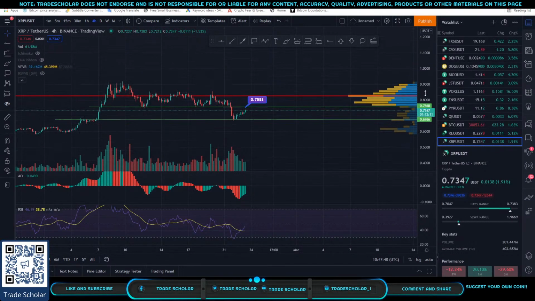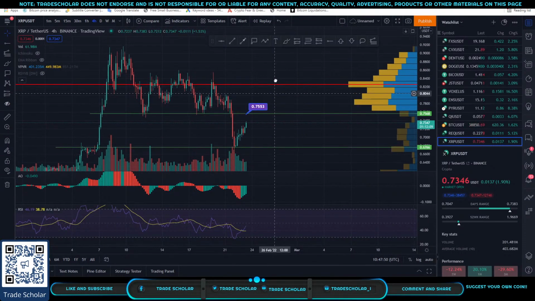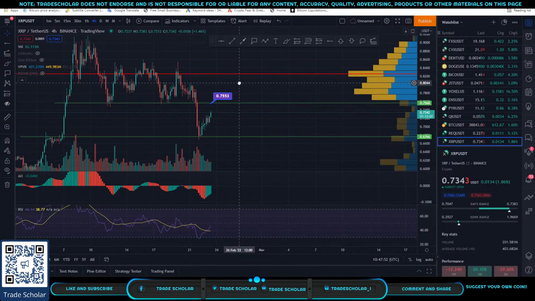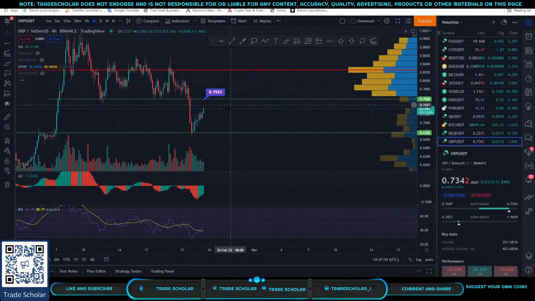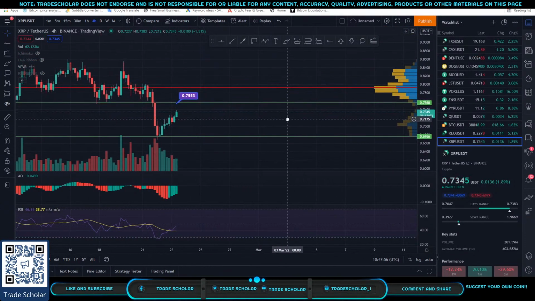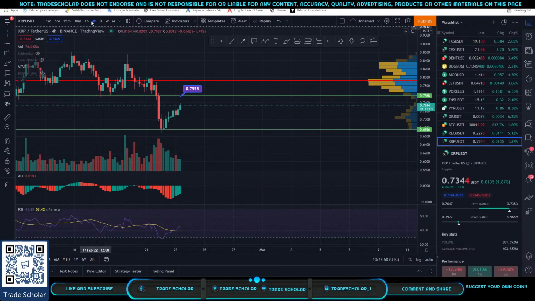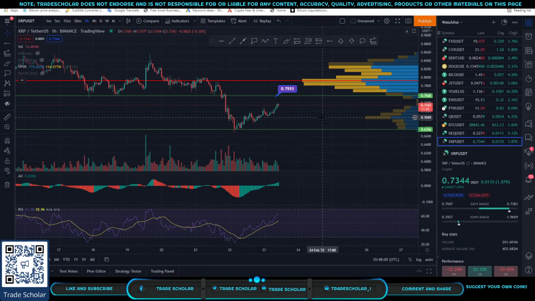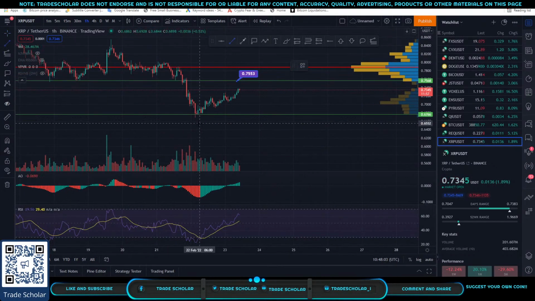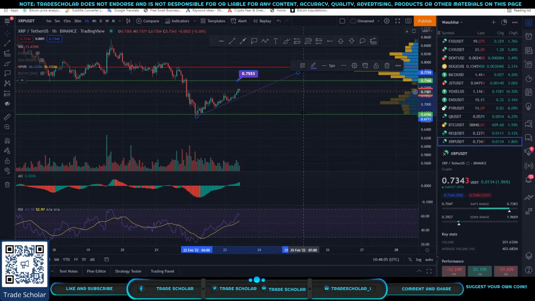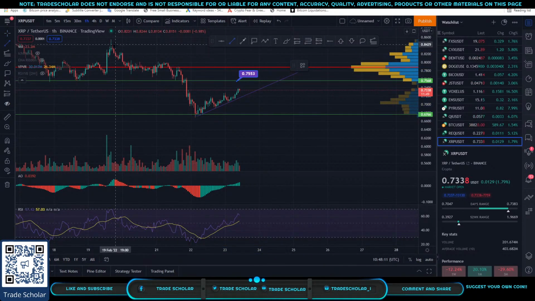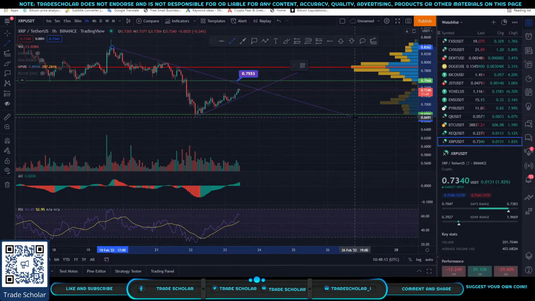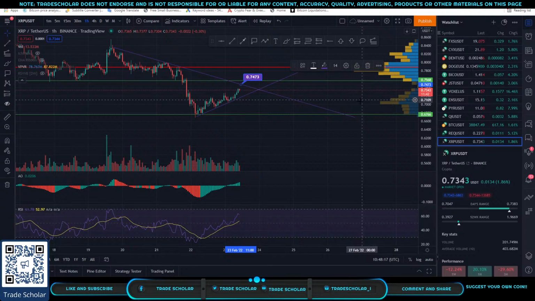What do we have here? We are still in a healthy uptrend on our time frame. Our trend line can be right here. Rejection is right here, so there is incoming rejection in this area.